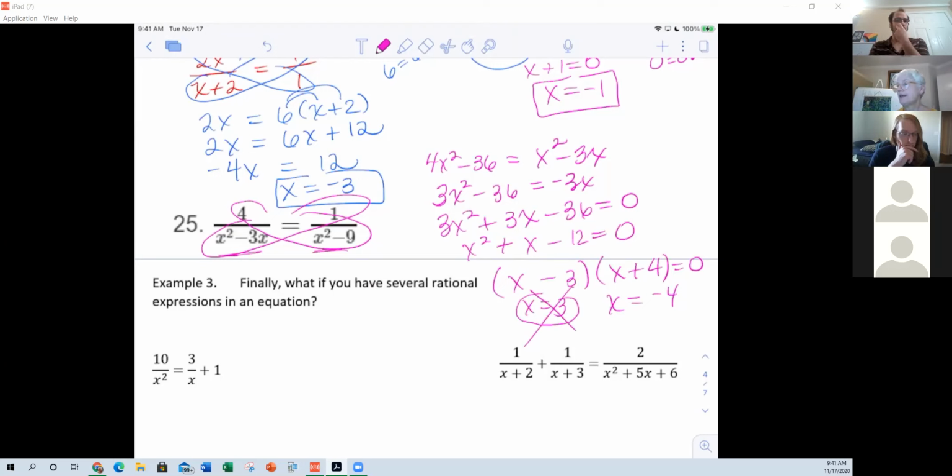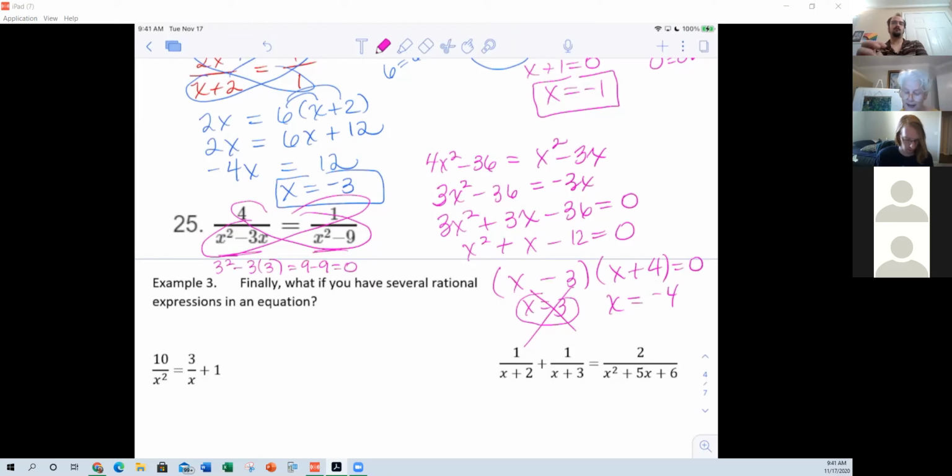Does everyone see why that 3 has to be scratched out? Can you explain again why it has to be scratched out? Yeah, so if you take that 3 and you put it in the denominator, what is 3 squared minus 3 times 3? What's that going to give you? 0.